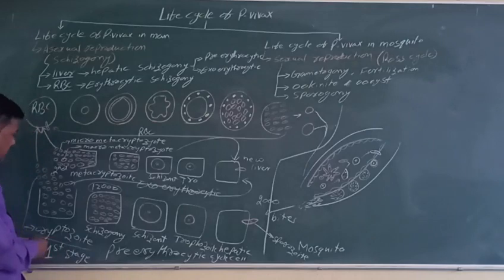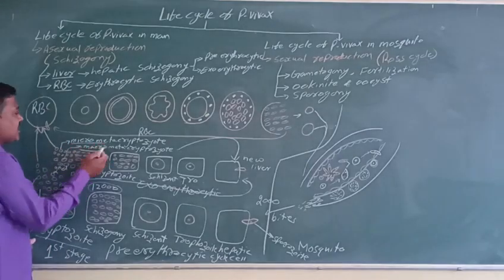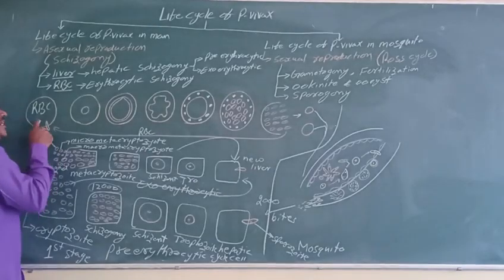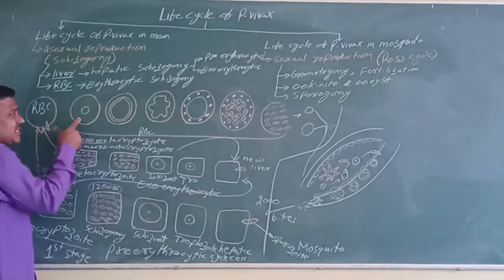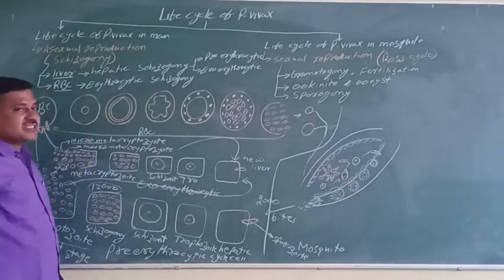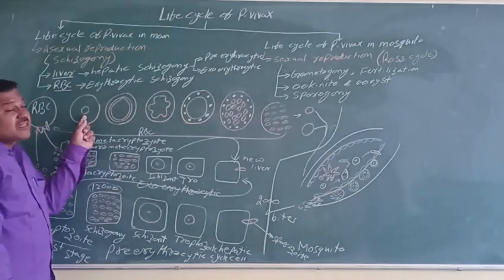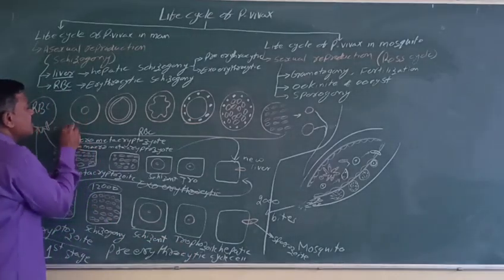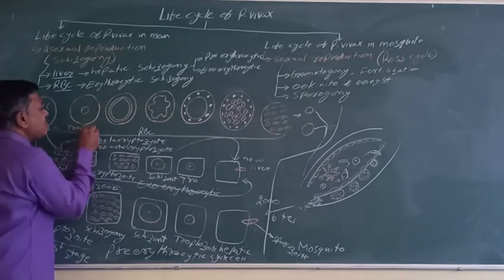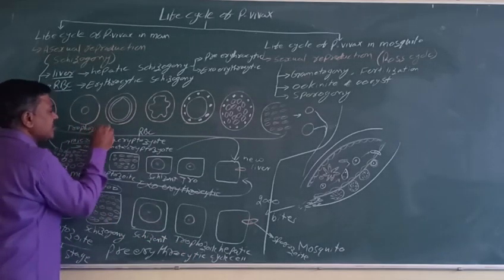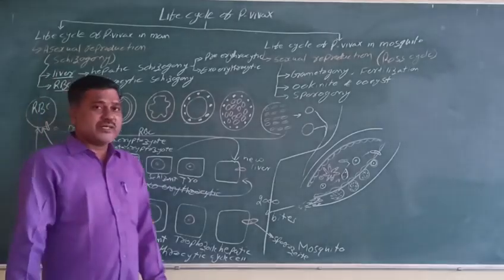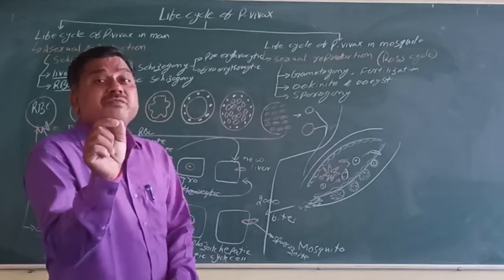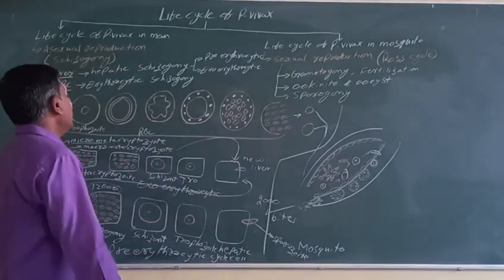Now these cryptozoites or micrometacryptozoites attach to the RBC, enter inside the RBC and change their structure. Here they become circular, and this stage is called trophozoite. Now this trophozoite develops a vacuole.